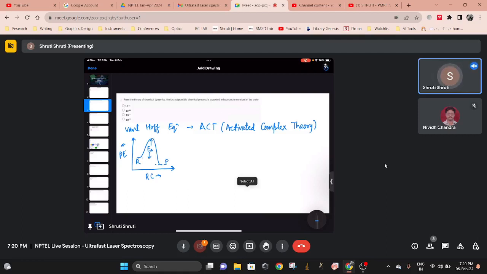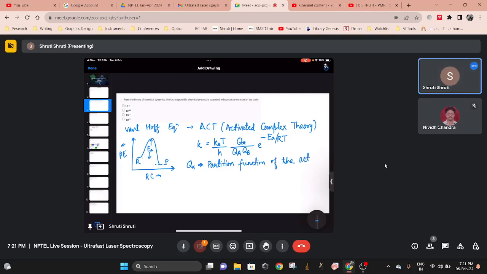This rate is given by this equation: k_B T by h, Q star by Qa Qb, e to the power minus Ea by RT. Here k_B is the Boltzmann constant, T is temperature, h is Planck's constant, and the Q's are partition functions, which you might have studied in stat mech. Q star is the partition function of the activated complex, not of the reactant, not of the product.